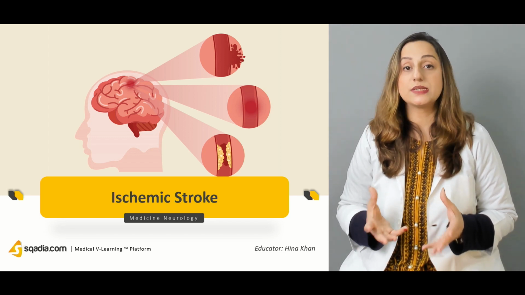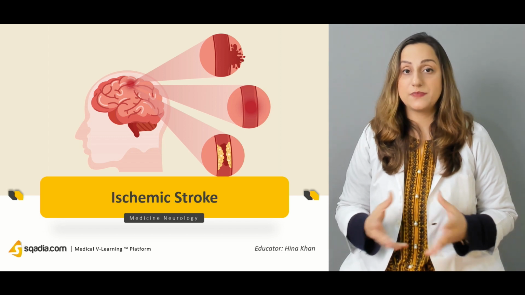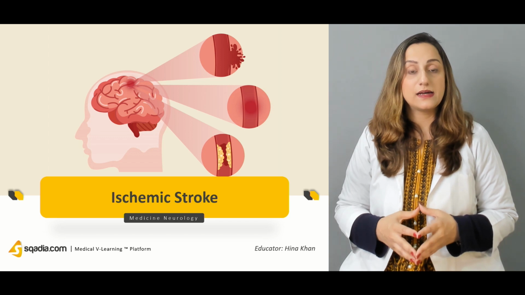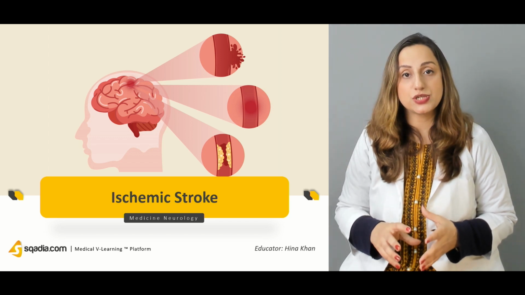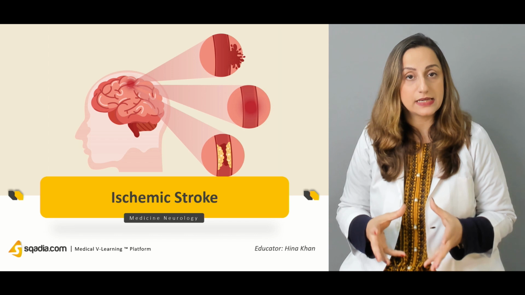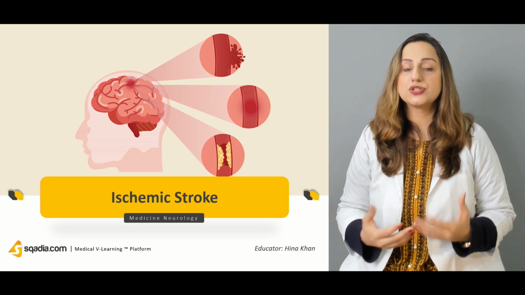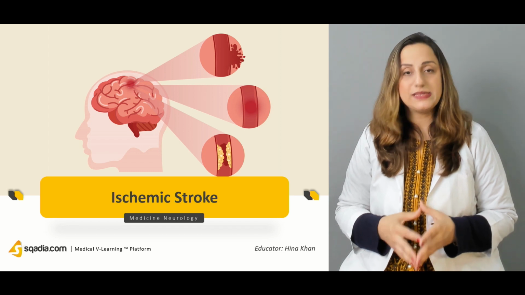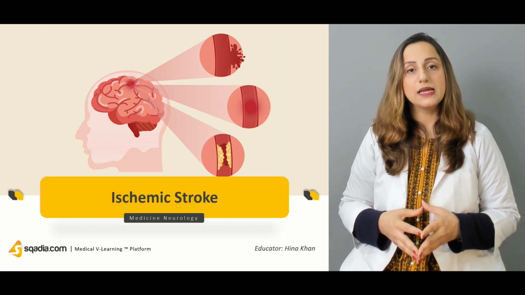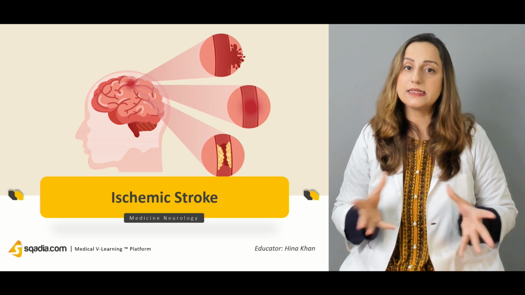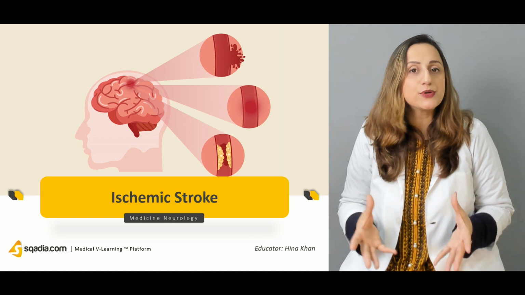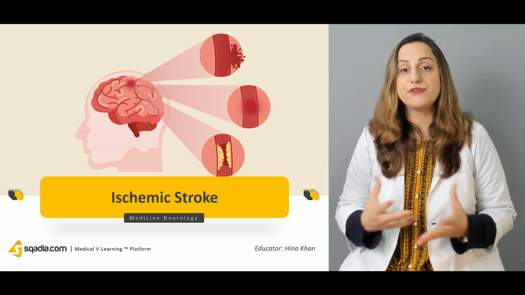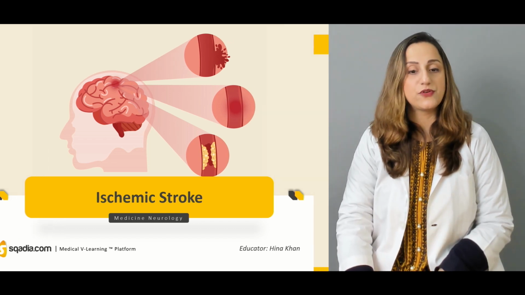When we use this term, we mean that there are no constant changes on the radiographic studies, and the patient's neurological signs and symptoms also improve with the passage of time. So these are the different clinical scenarios which you usually come across when dealing with these varieties of cerebrovascular accidents.